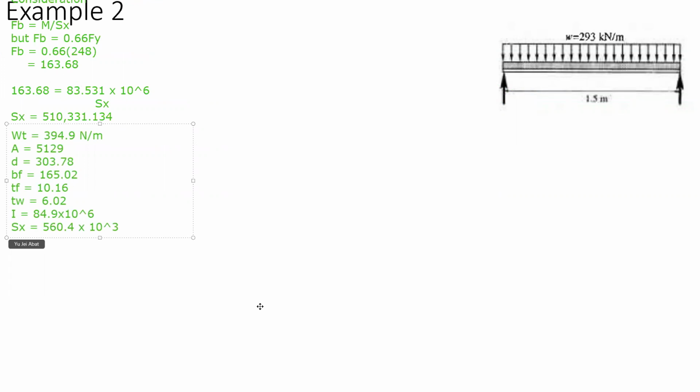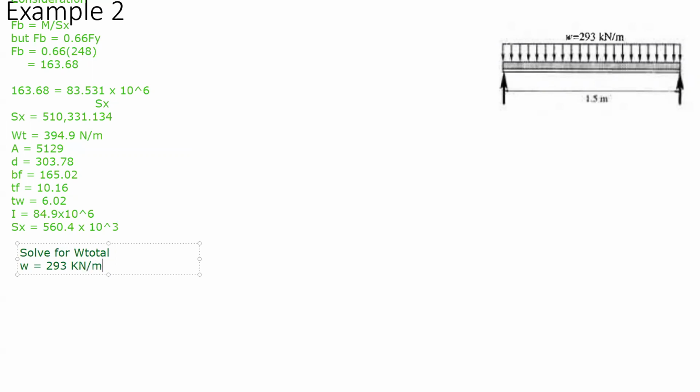So first, let us solve for W total. Because we have here W, our uniformly distributed load, of 293 kilonewton per meter.